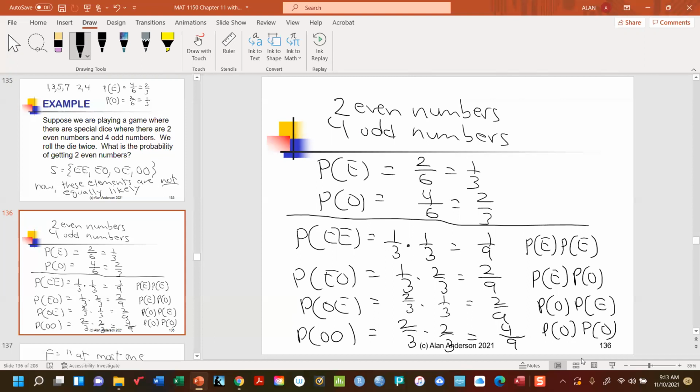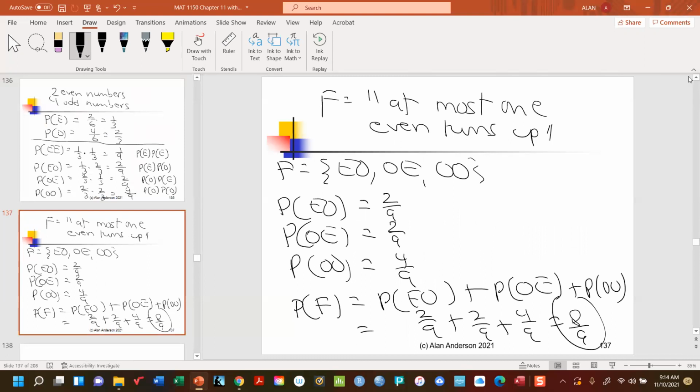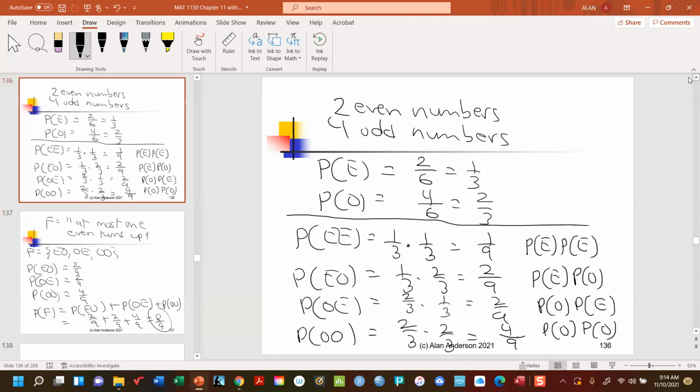So now we're going to reintroduce that last event we had, F, which means at most 1 even number turns up. And we're going to calculate its probability. Sorry, let me give you a minute to catch up again.